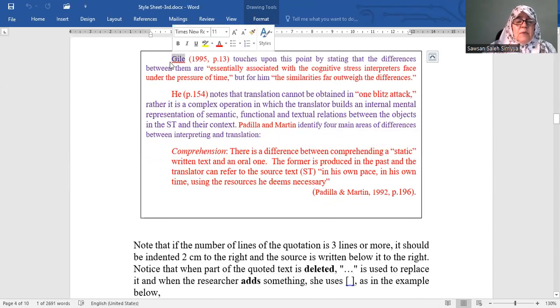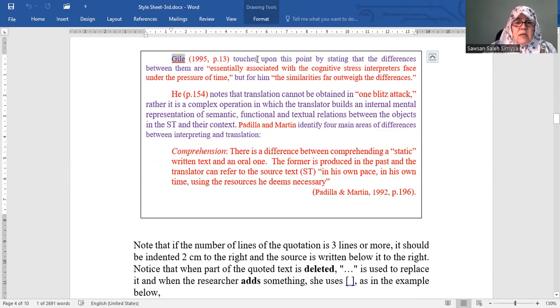Jael, this is one person, 1995, comma, and then the page number 13. Touches upon, you see the verb has an S, this point. And you see, I introduce the quotation. I don't start the paragraph with a quotation immediately. You have to introduce it using your own words.